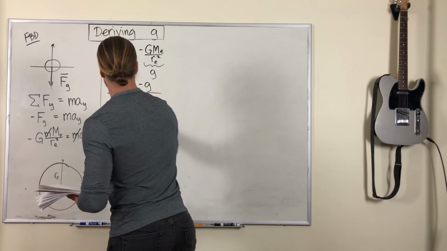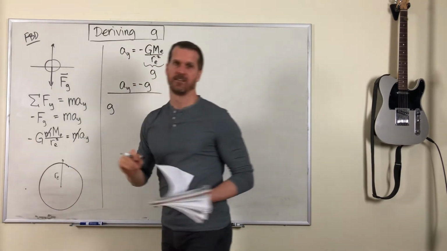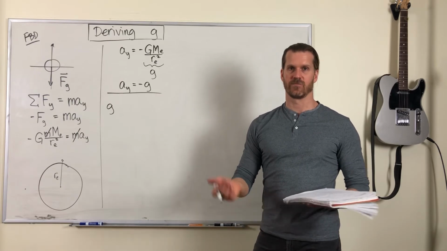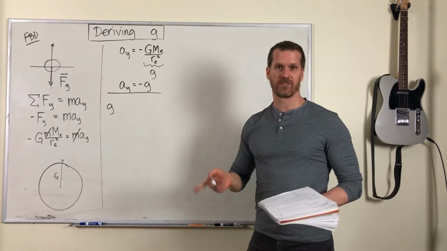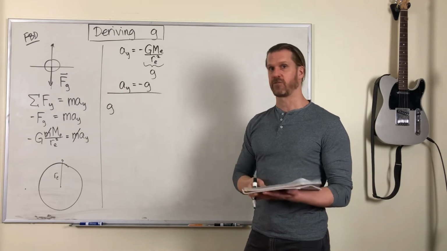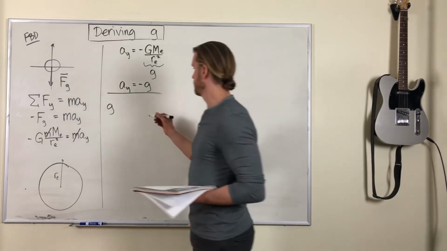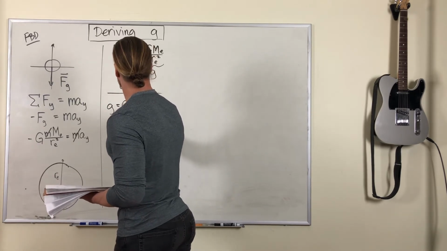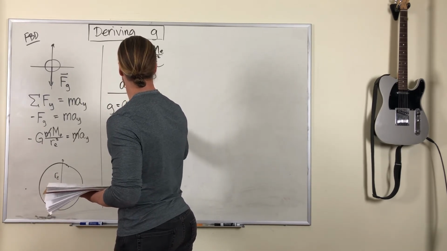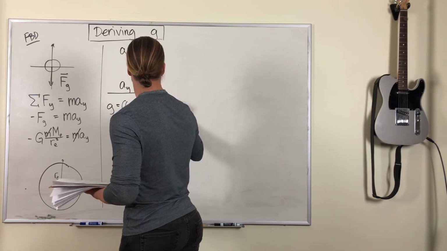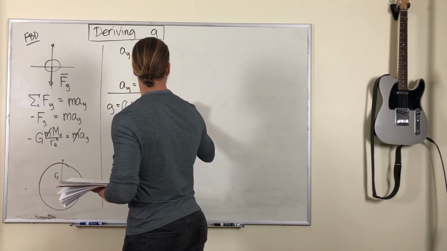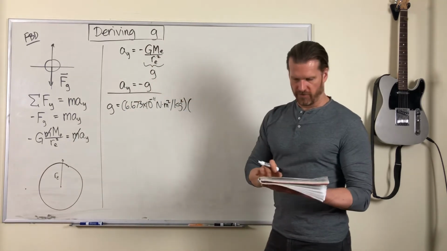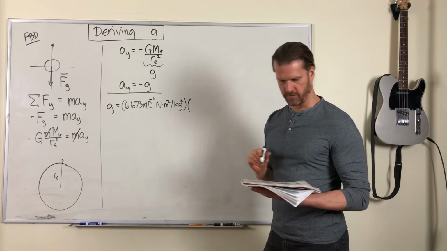So let's do it. And I encourage you to get out your calculator or whatever and do this computation with me, because it's cool to see it all come together. We're saying g equals 6.673 times 10 to the minus 11 newton meters squared per kilogram squared times the mass of the Earth, which you can look up.